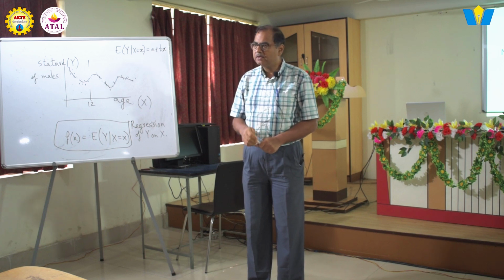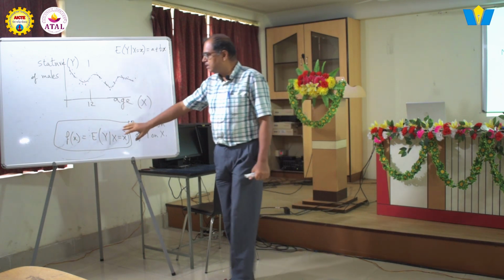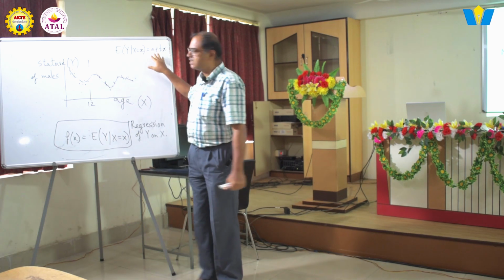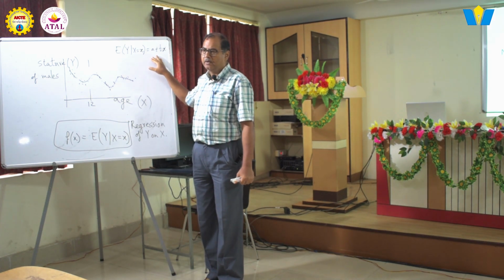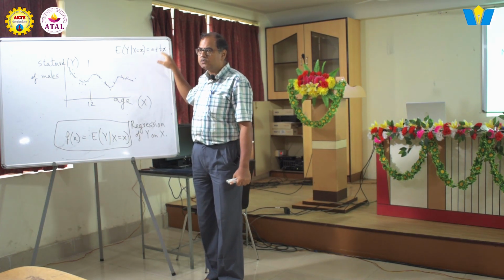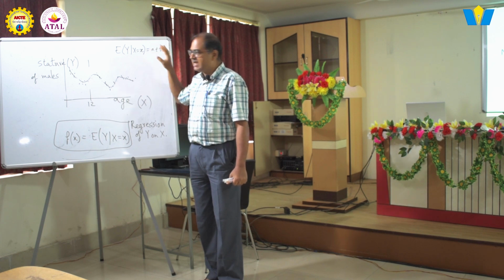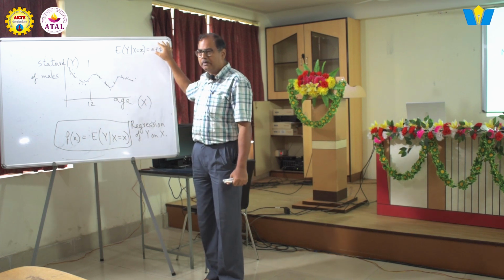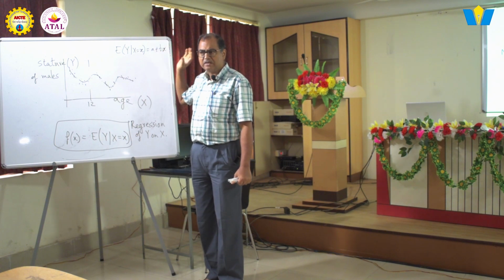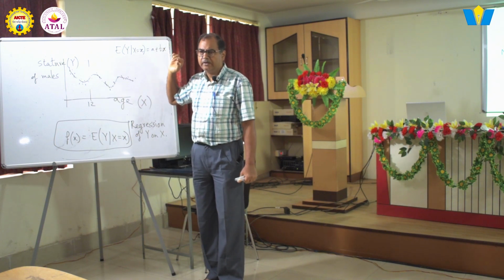So what is non-parametric regression? We will not use a specified functional form. This is parametric regression. That is, you presume that f(x) is of this form, but leave one or two parameters unspecified, estimate them from data. That is parametric regression.